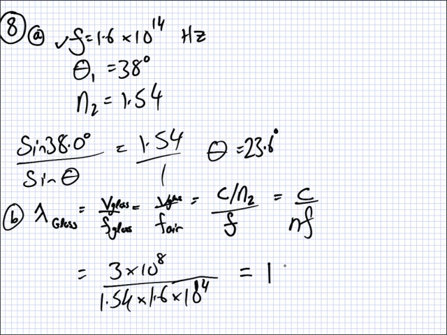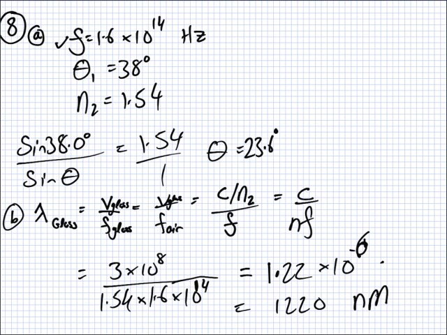1.22 times 10 to the minus 6. Minus 6 is micro. But we usually do wavelengths in nanometers, so it would be 1,220 nanometers.